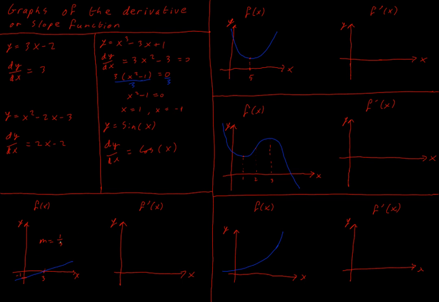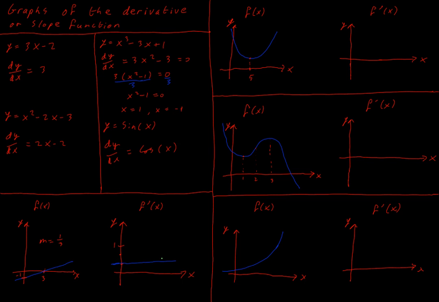So my derivative function would be, if I draw in my axes, let's say that this is 1, and 1/3 is about there and 2/3 would be about there. My derivative function would just be a constant going straight across at y is 1/3.